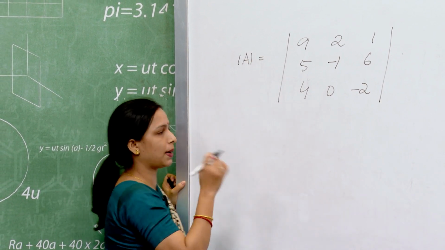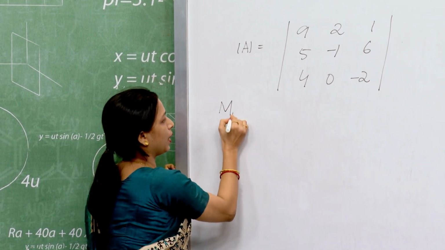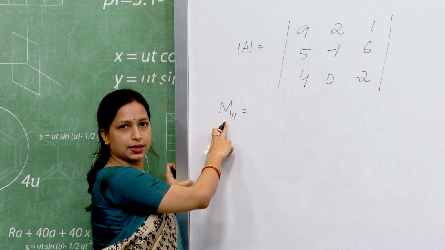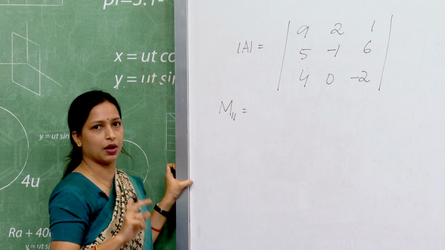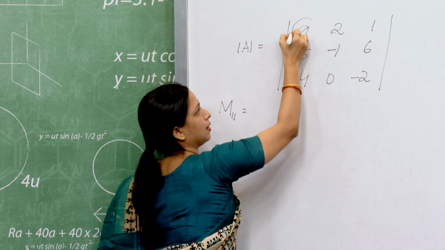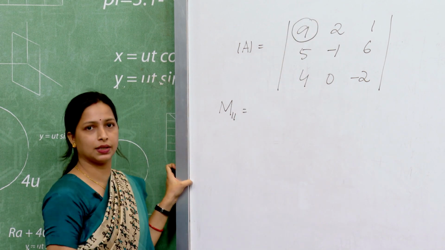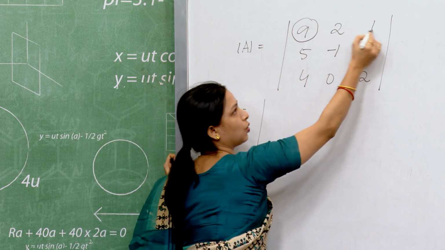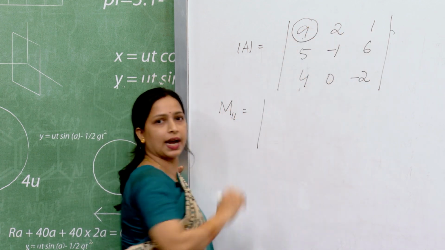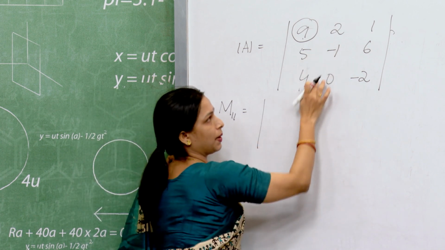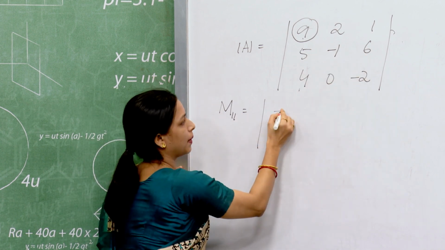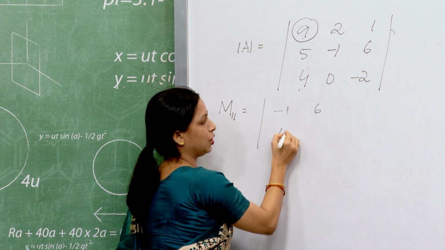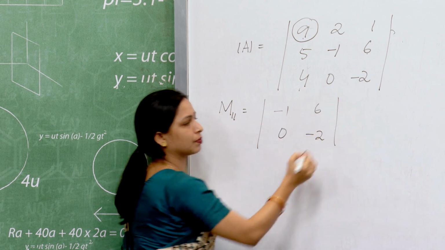Now, let us find out the minors. Let us say M11; M11 means the minor of A11. So, this is how it is represented. This is the element 9. Now, I delete the row and the column in which 9 exists. So, what is remaining? These 4, -1, 6, 0 and -2, right.